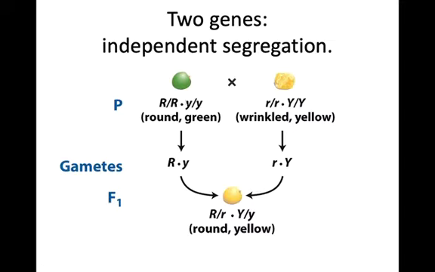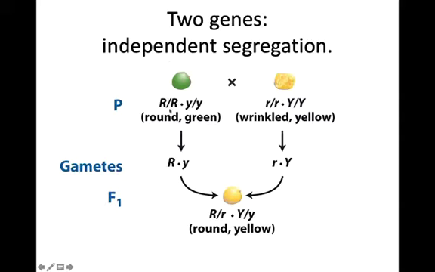Okay, so as we've been talking about, round is dominant. Okay, so we have a round P, and it's green, and we haven't talked about green versus yellow much yet. But in this particular case, green is recessive and yellow is dominant. So round is dominant, and wrinkled is recessive, and yellow is dominant, and green is recessive.